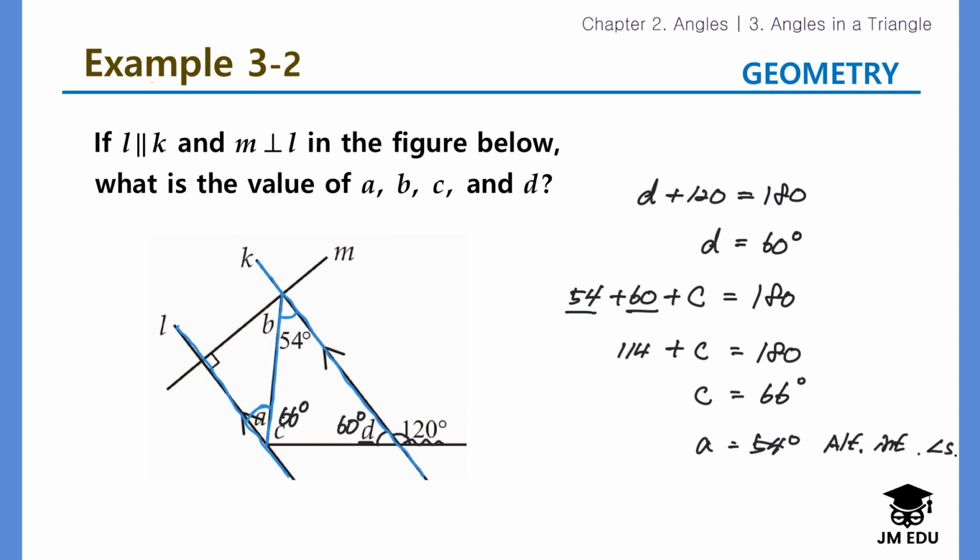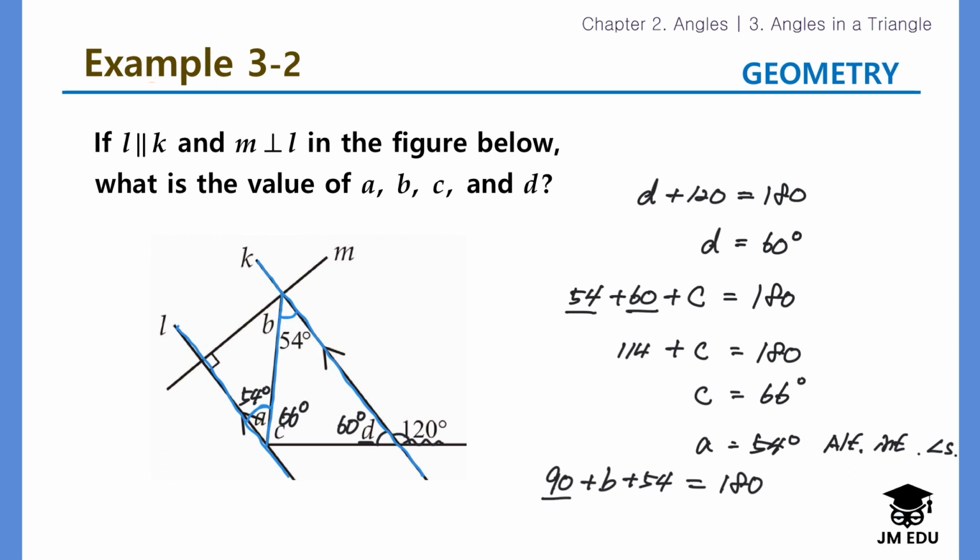Now look at this triangle. This right triangle right here. This is 90 degrees. Here we have a B. This A is a 54, right? So the sum of these angles, 90 plus B plus 54, has to be equal to 180.